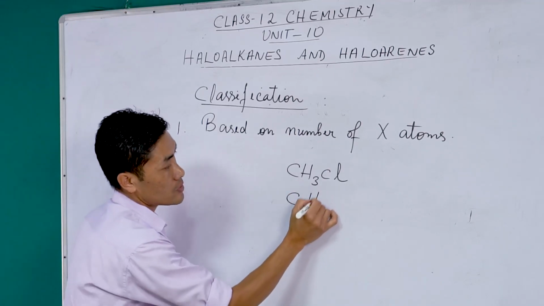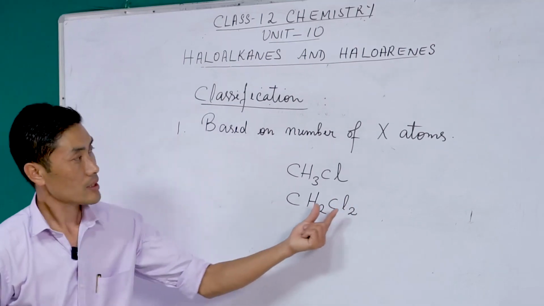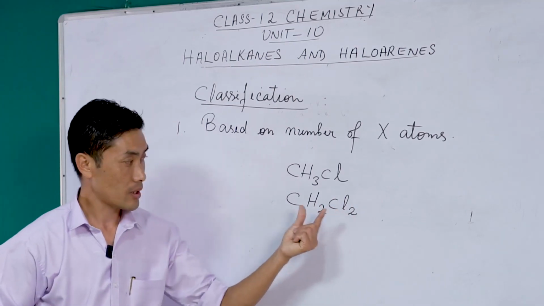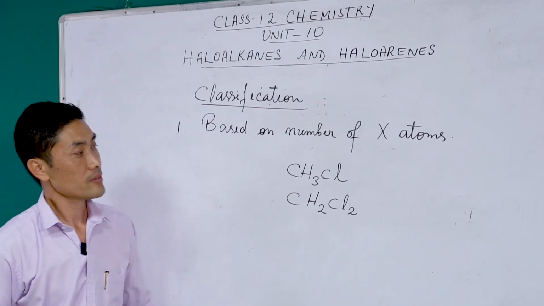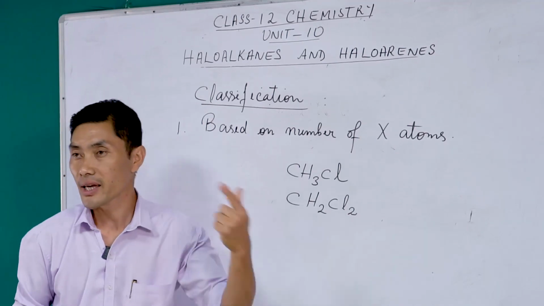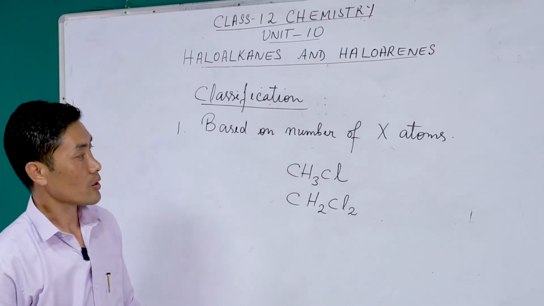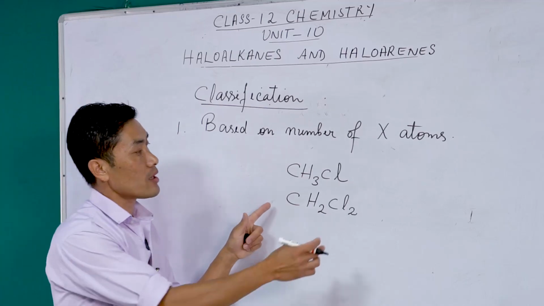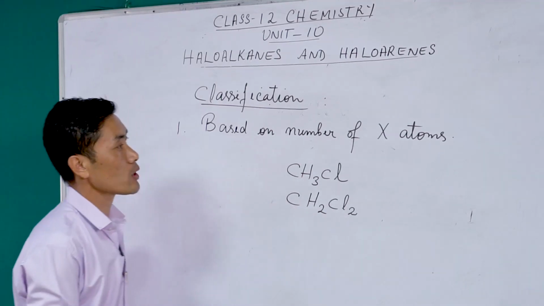Likewise, CH2Cl2 has two halogen atoms, so this will be a dihalo compound. If there are three, it will be a trihalo compound. If there are four, a tetrahalo compound, and so on. Usually, those which have two or more halogen atoms are called polyhalo compounds.